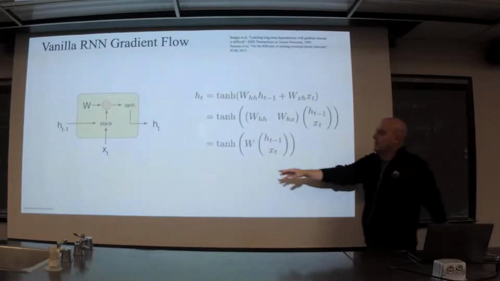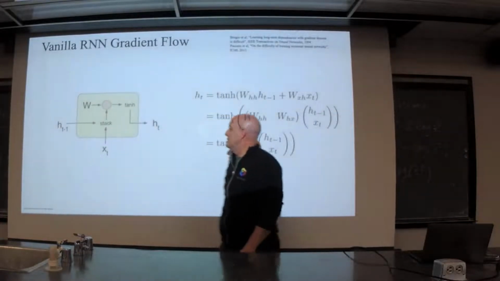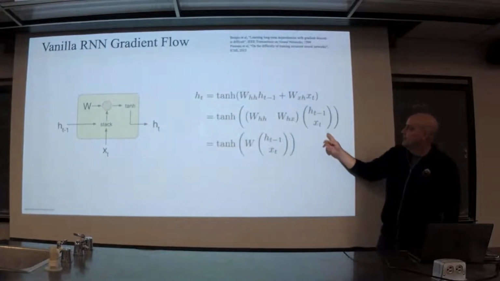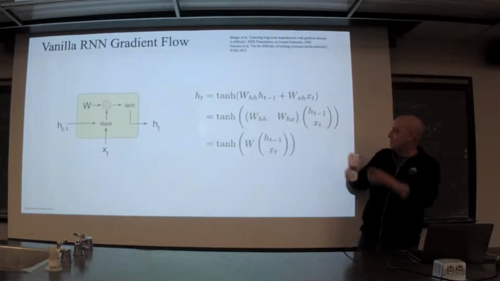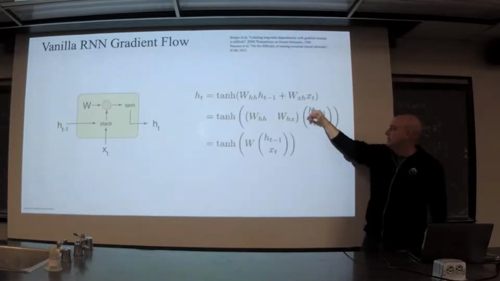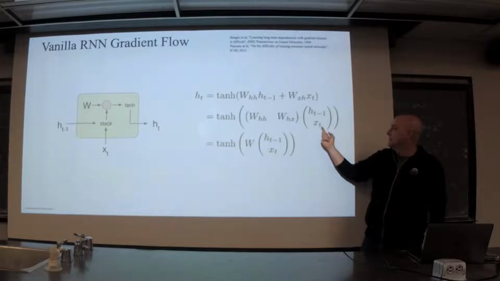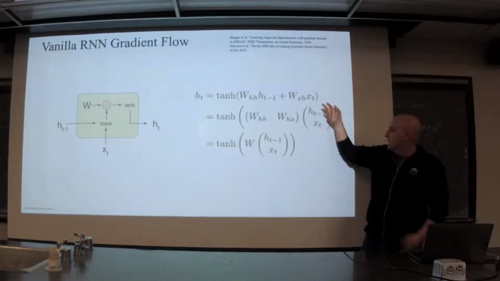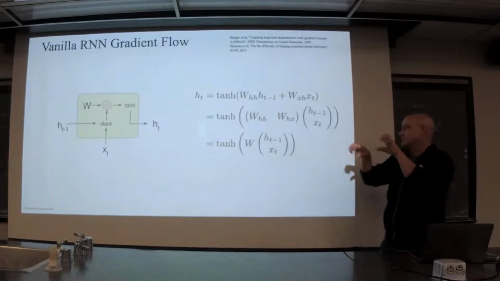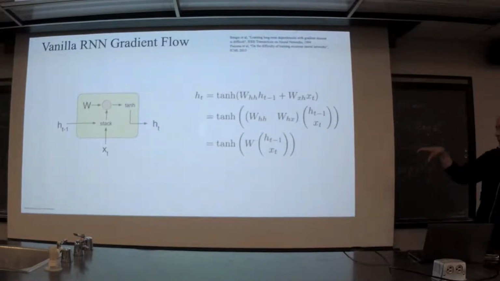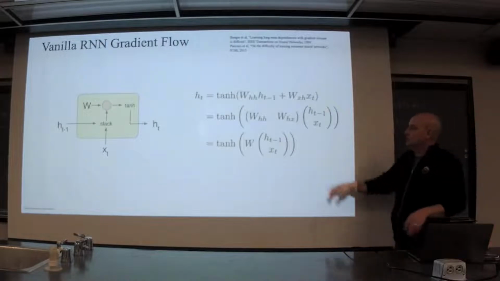And this whole thing about stacking and a single W is because of the way we've written this up. You can think of this as stacking the two vectors, the hidden state from the previous step and the current input, as a single vector. We can also concatenate these two weight matrices.